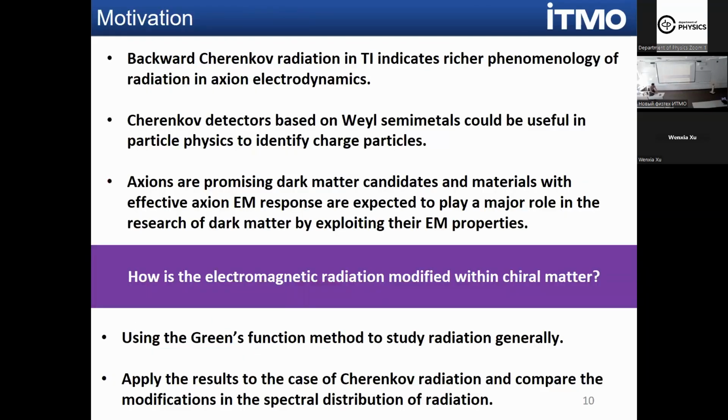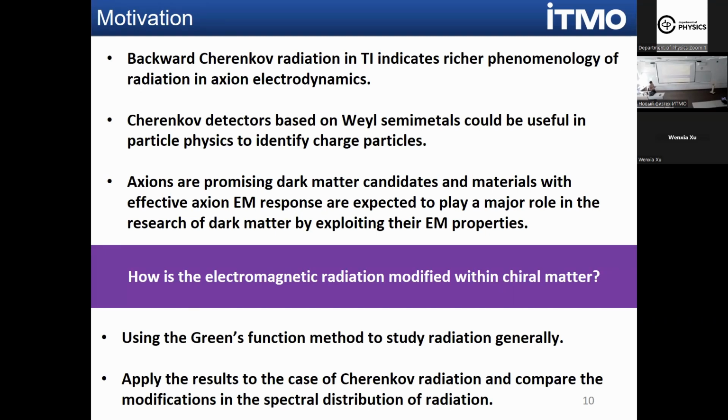Okay, so the motivation is here: since we have backward Cherenkov radiation in topological insulators, that indicates there is richer behavior of radiation in electrodynamics. Also, Cherenkov radiation based detectors could be useful to detect particles.